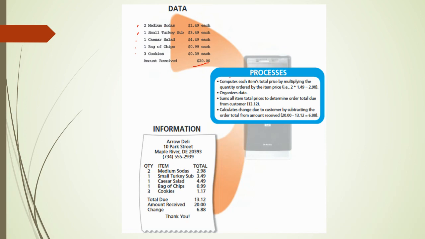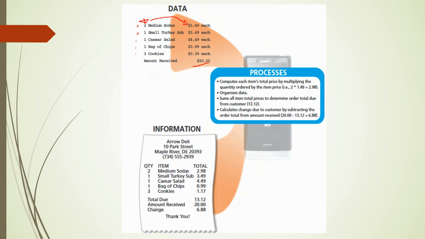Those are data. And the computer will process each item by multiplying the quantity ordered by the item price. So kung pila ang quantity, this is the quantity, i-multiply na siya kung pila ang price, no? So that is the process that is happening.